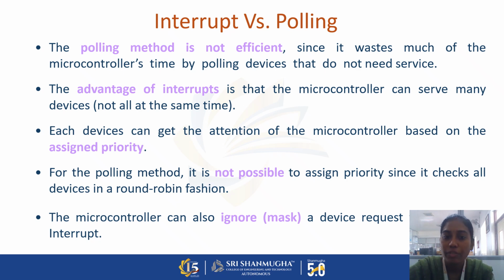The advantage of interrupts is that the microcontroller can serve many devices, not all at the same time, but whenever a device calls for service, that service is provided by the microcontroller efficiently without wasting time. How is this done? By assigning priority. In the polling method it is not possible to assign priority, which is why it continuously monitors in a round robin fashion.